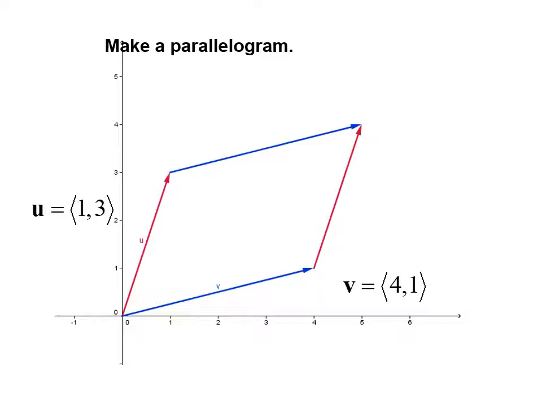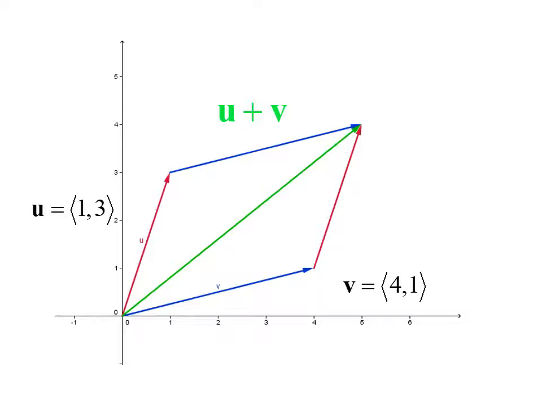You can see I've got this color coded for you. The vector that goes from the origin to the point diagonally across the parallelogram is the vector u plus v. We sometimes call that the parallelogram property.